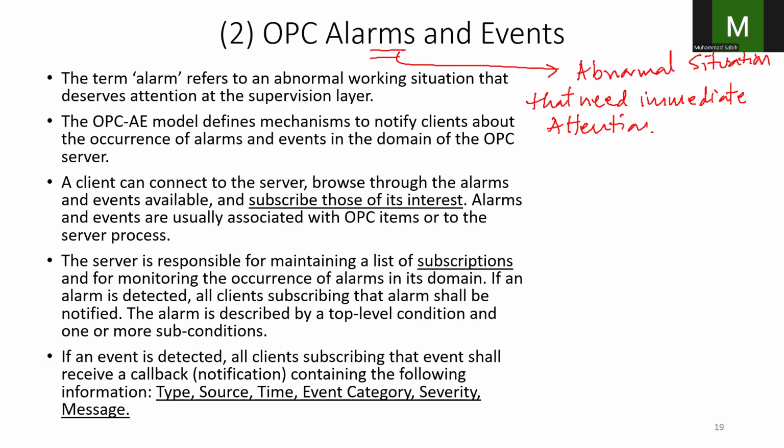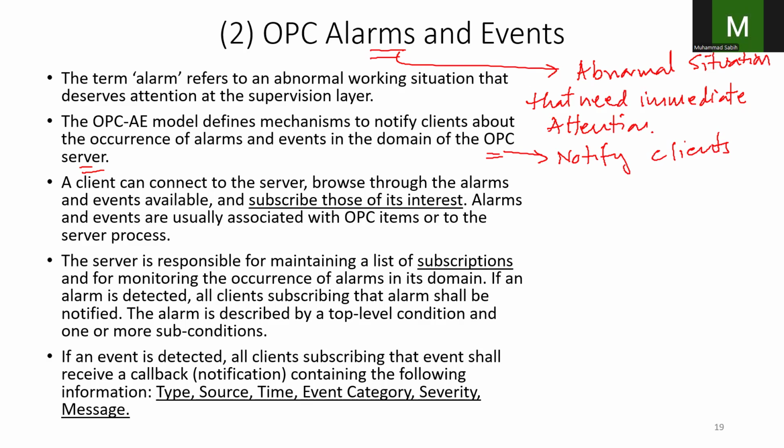So OPC UA provides a standard way for the server to notify the clients. Okay, so the OPC servers actually notify the clients whenever some alarm or significant event occurs.